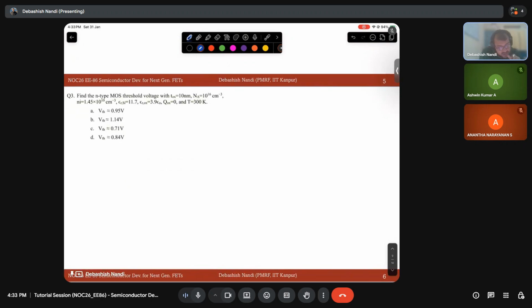Then next question. Find the threshold voltage of the N-type NMOS with this. We have seen that the threshold voltage formula we write generally as VFB plus 2 phi f plus gamma square root 2 phi f. So what is VFB?